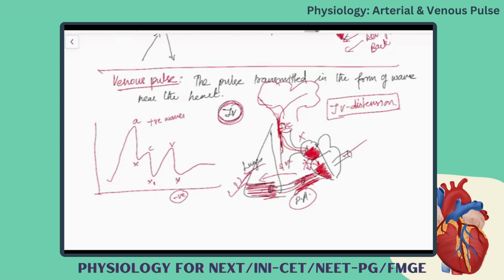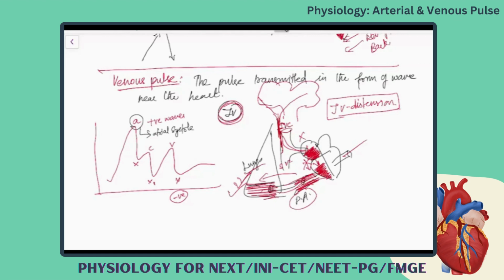And why these waves are being formed: the A wave is the first wave, which is formed mainly during the pressure buildup at atrial systole.